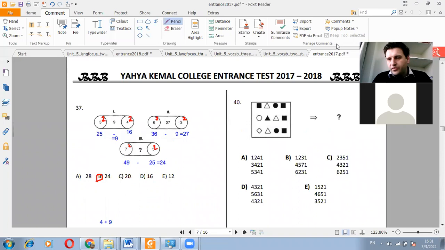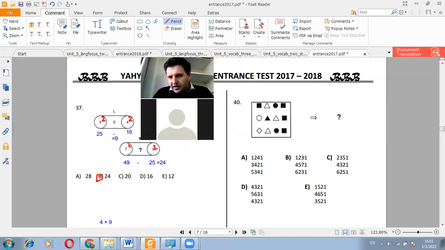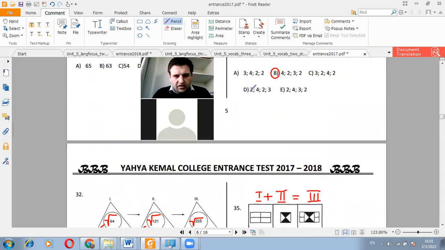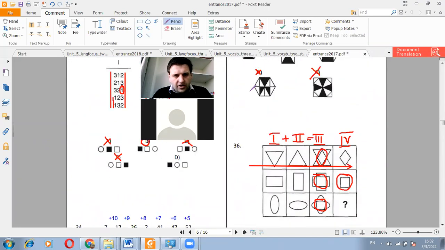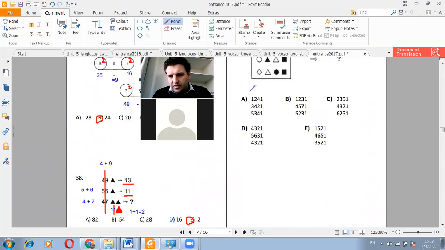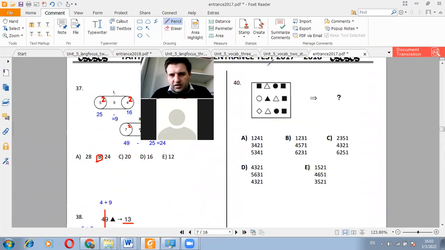And the last question for today, another very similar one to the previous questions. Okay, here, question 33, the similar method, the similar logic. We take a look at the same shapes, the ones that repeat, and the ones that are less repetitive.